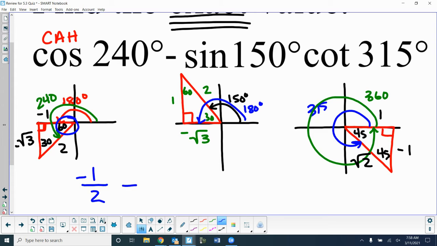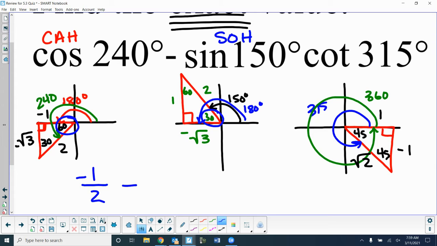All right, Matt Beard. We're looking at this. Reference. What's the sine of that 30? Is it 2 over negative square root of 3, or not? Looking at this, opposite. What's opposite?